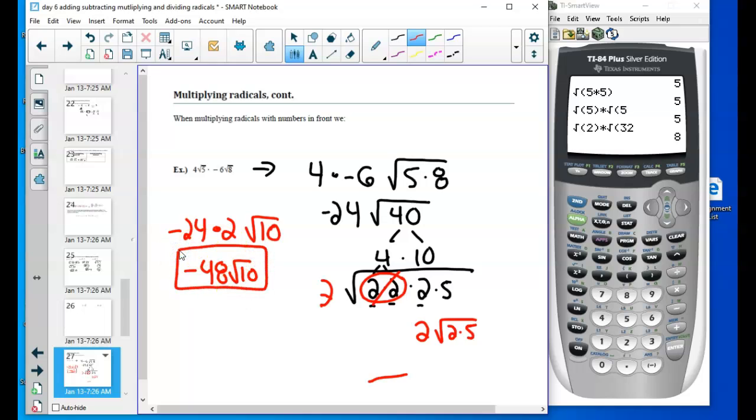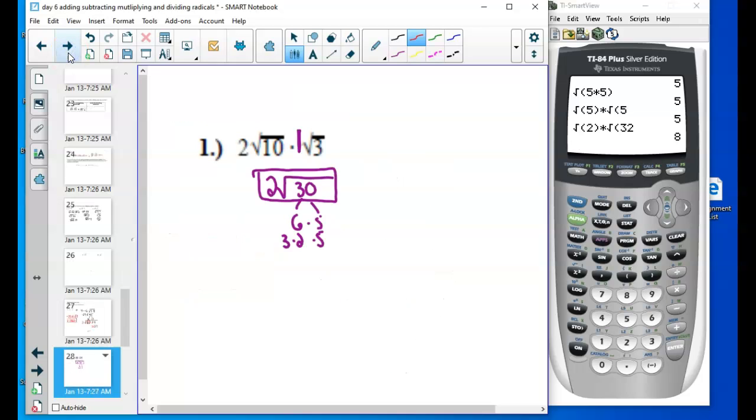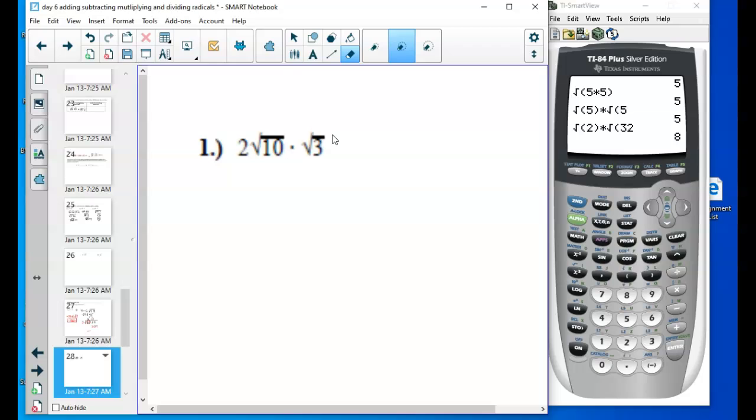Okay. And then we can just look at one more. So I have 2. There is a 1 in front of this radical sign. So I have 2 times 1, and then I have the square root of 10 times 3.